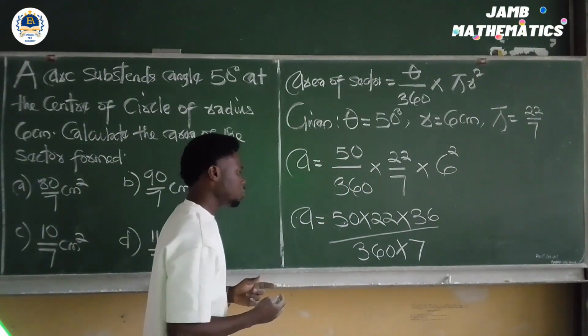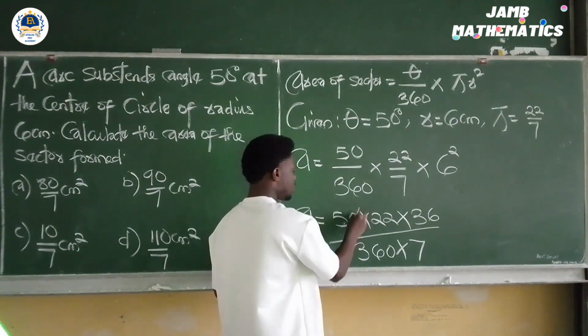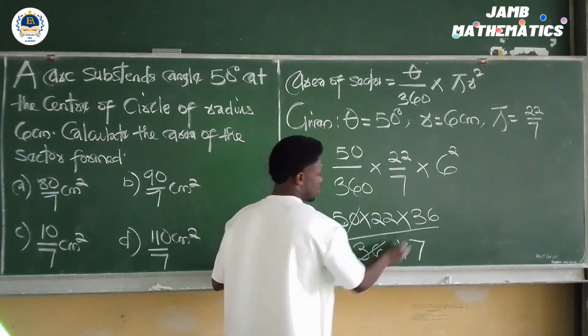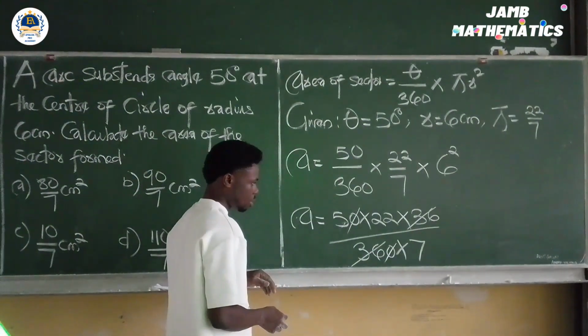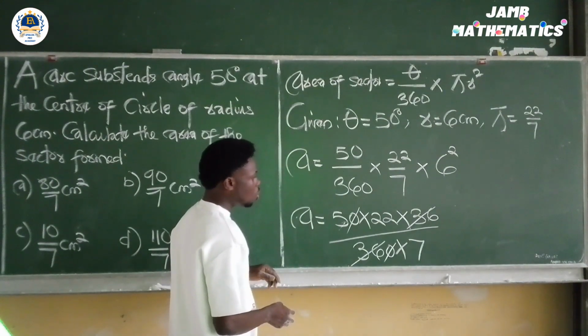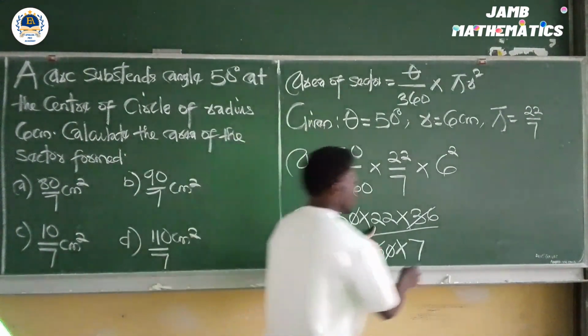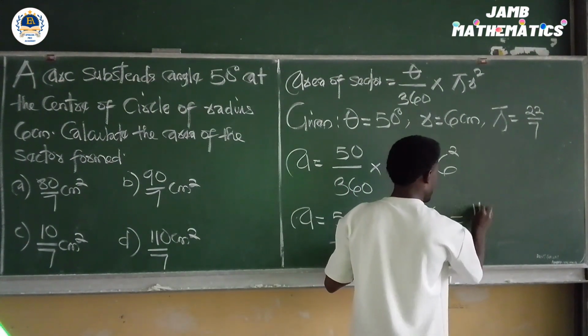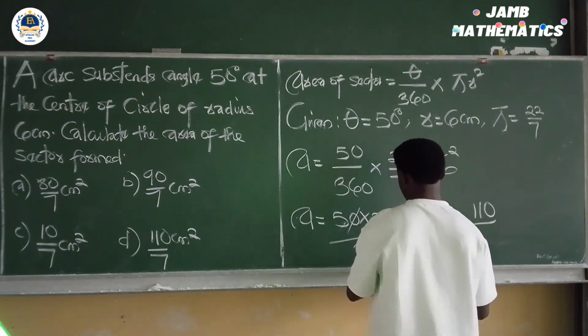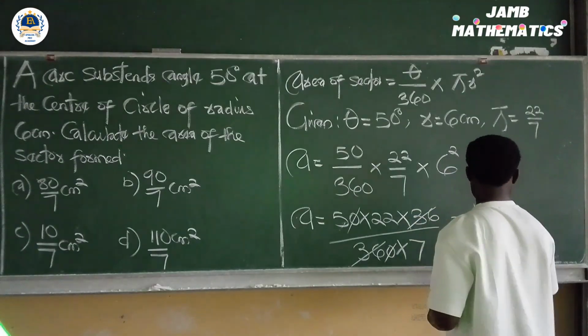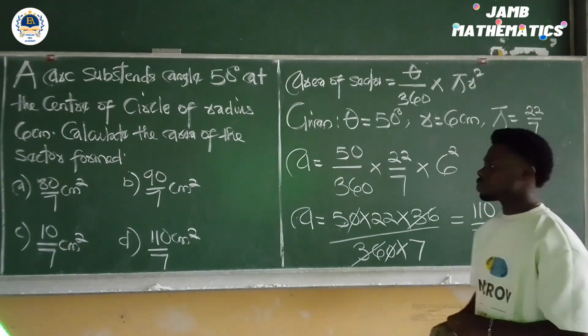Okay, at this point we can make it very simple. 0 goes into 0 and 36 goes into 36. So we are left with 5 times 22, and 5 times 22 is 110 divided by 7 in centimeter square. So this is the final result, and the correct option on the board is option D.